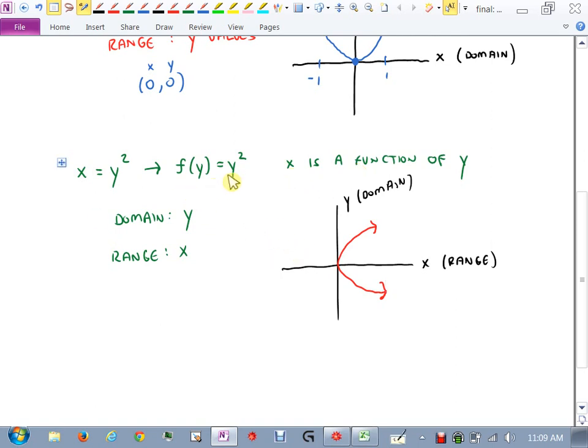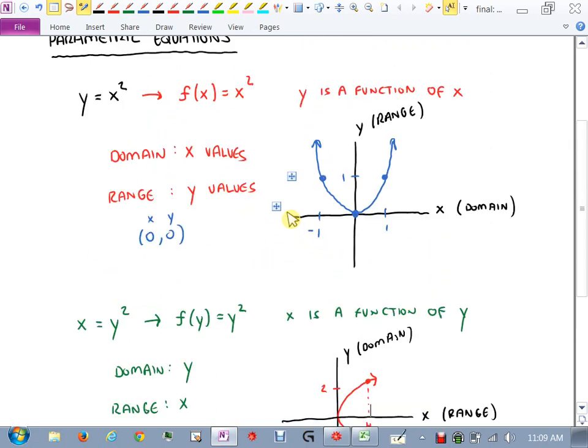Here, if I plug in, let's say, 2 for y, what does it spit out? 4. So if I go up 2, it's going to spit out an x of 4, right? Yes? Okay. Now, I plugged in 2 for y, and x got spit out to be 4.